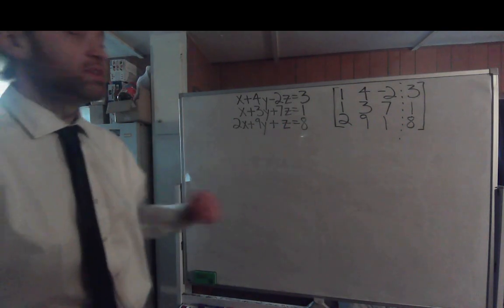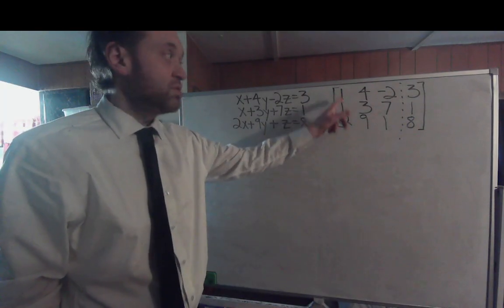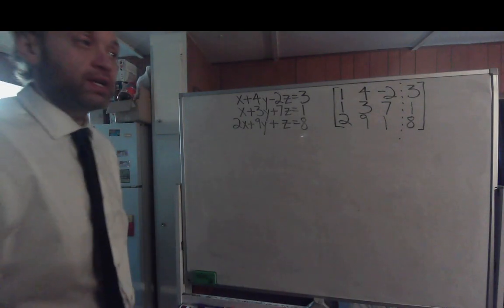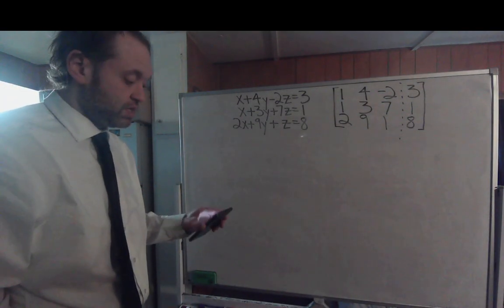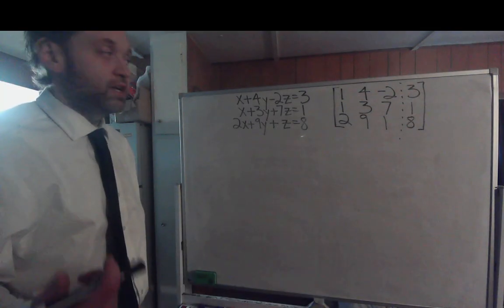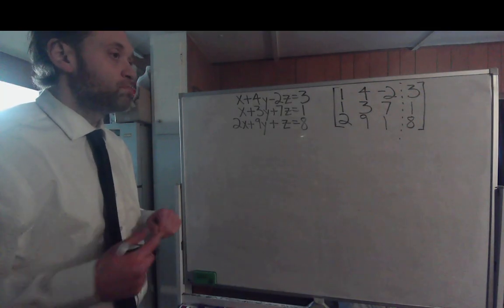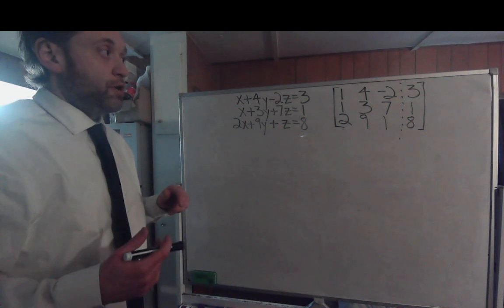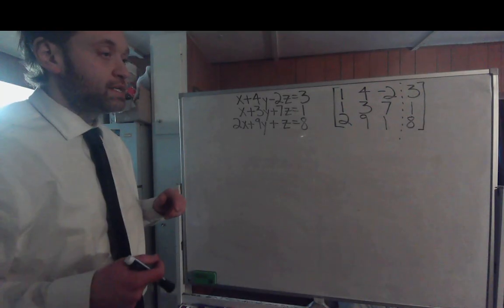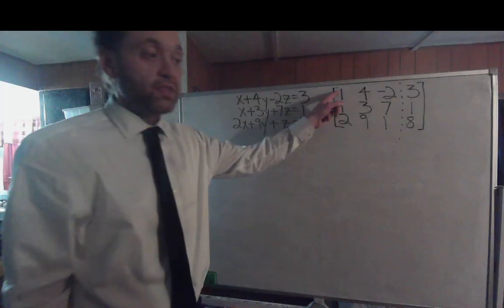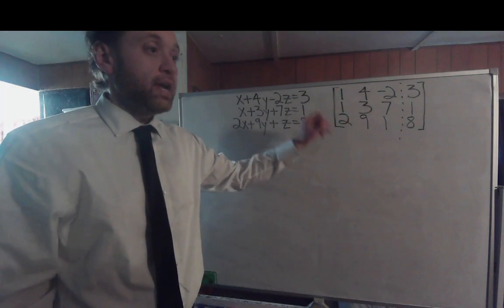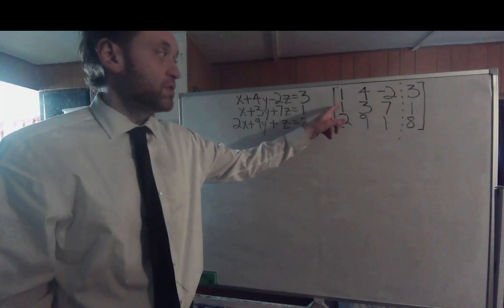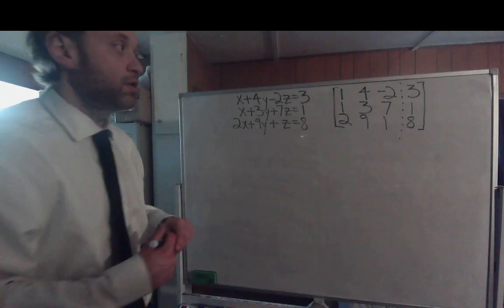Notice this time the leading digit in your first row is already a 1. So we're really not going to have to do anything with row 1. That's pretty nice. We don't even have to swap rows or multiply it by anything or divide it by anything. So our goal now, since we have a leading 1 in the first row, is to get rid of these 2 digits in the second and third row, make your first digit in the second and third row a 0.